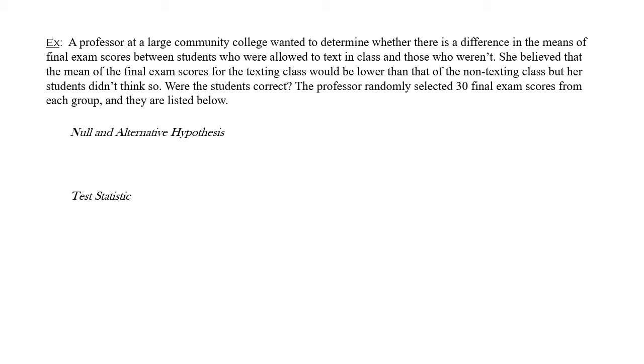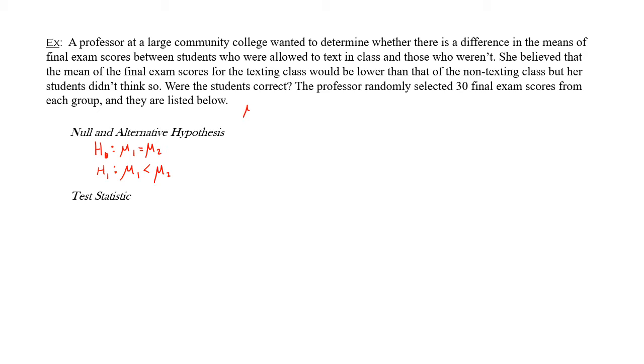Now first, of course, we're always going to state our null hypothesis and alternative hypothesis. So for H0 and for H1, we'll have the mean between the two classes is the same for the null hypothesis. And for the alternative, we'll look at the claim that the class that had no texting had a higher mean.